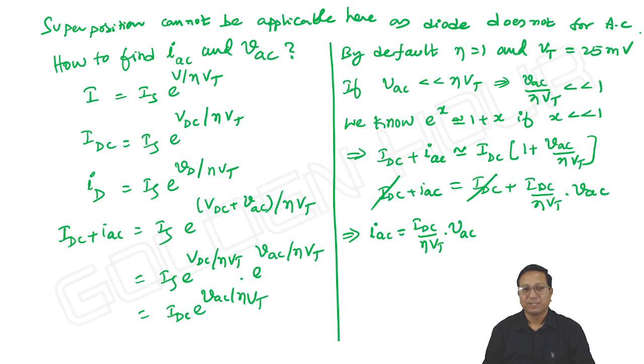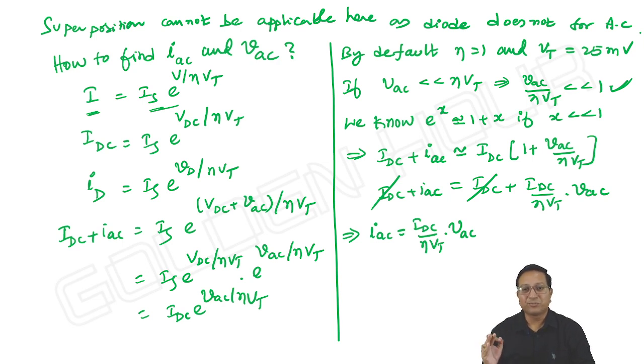We can observe, actually the current is exponentially related to the voltage, but I'm writing current is linearly related to the voltage. When is it possible? If this condition is met, IAC is equal to IDC by eta Vt into VAC. That statement is conditional.